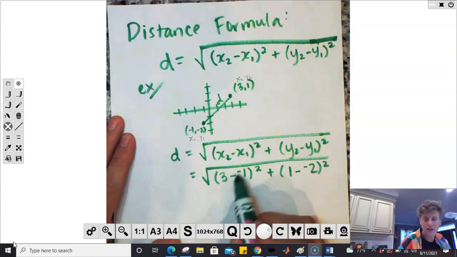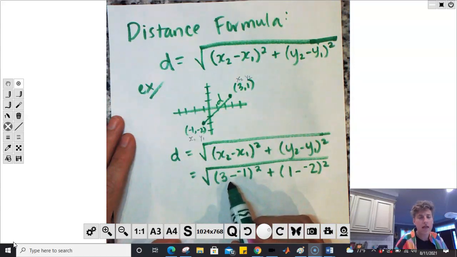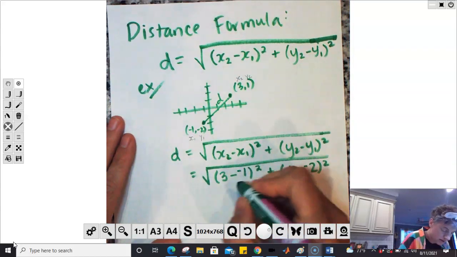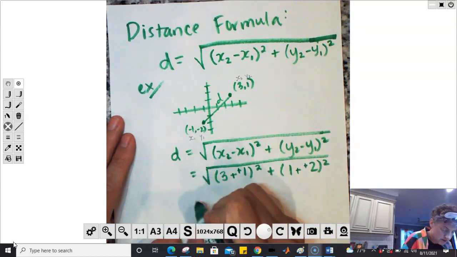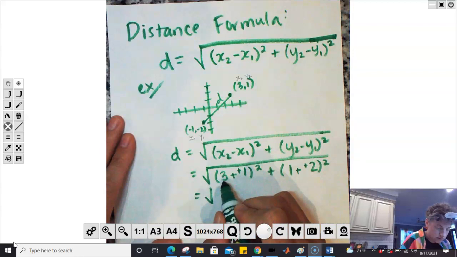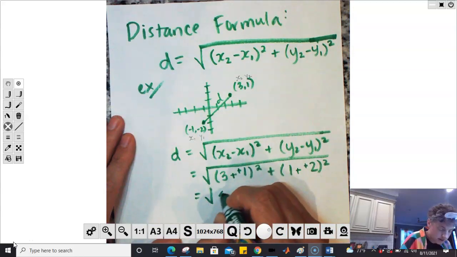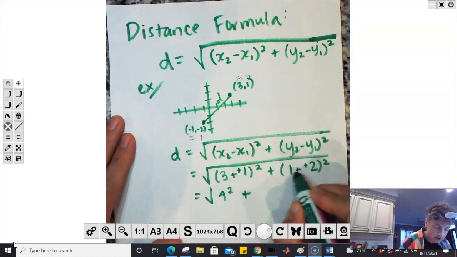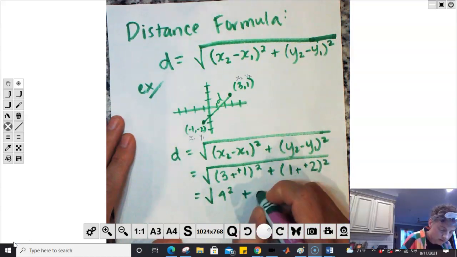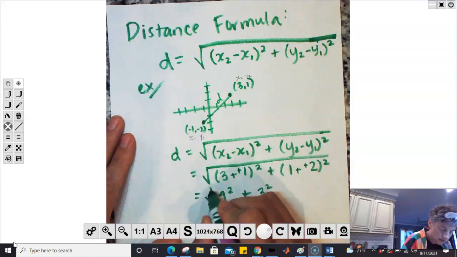What happens when we have 2 minuses next to each other? That is correct. They change to a plus. So now we've got 3 plus 1, well that is 4 squared, plus 1 plus 2, that is 3 squared.